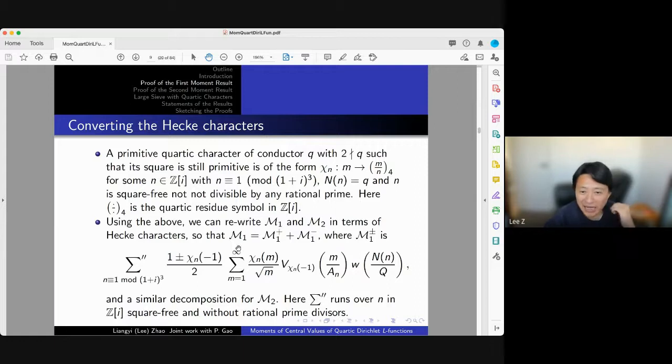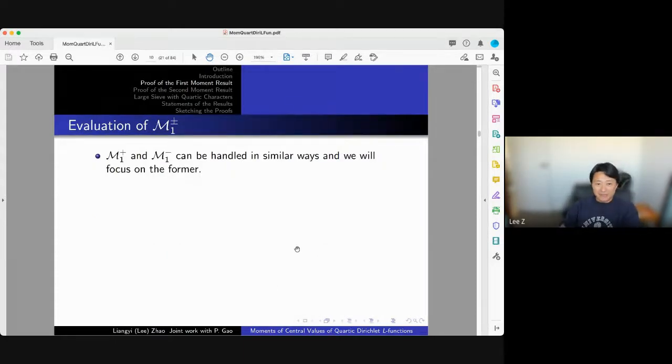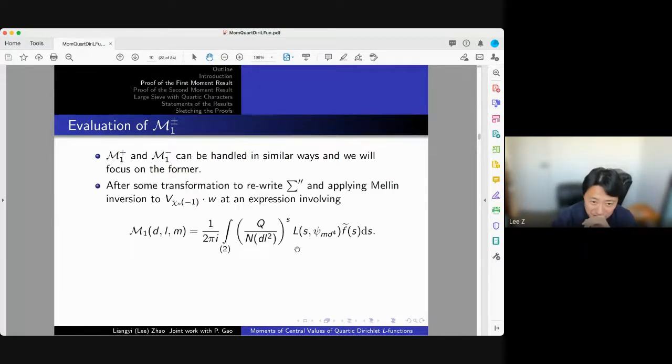So this lemma, together with breaking up the sum according to whether the character is even or odd, breaks the sum M1 into M1 plus and M1 minus. All right, so let's keep on going. M1 plus and M1 minus can be handled in similar ways, so we'll just focus on the former.